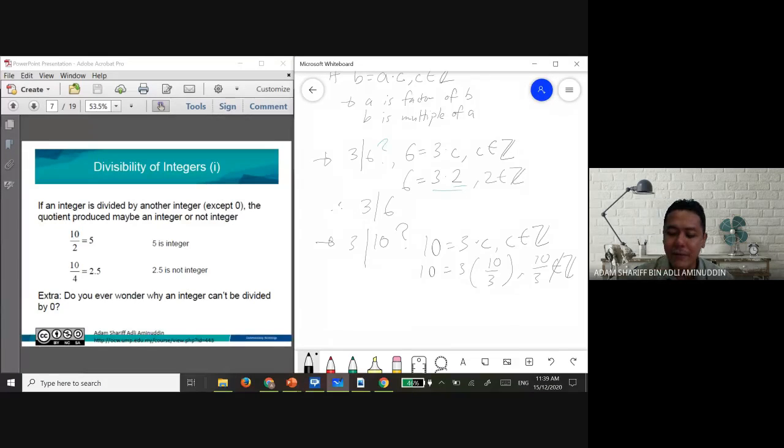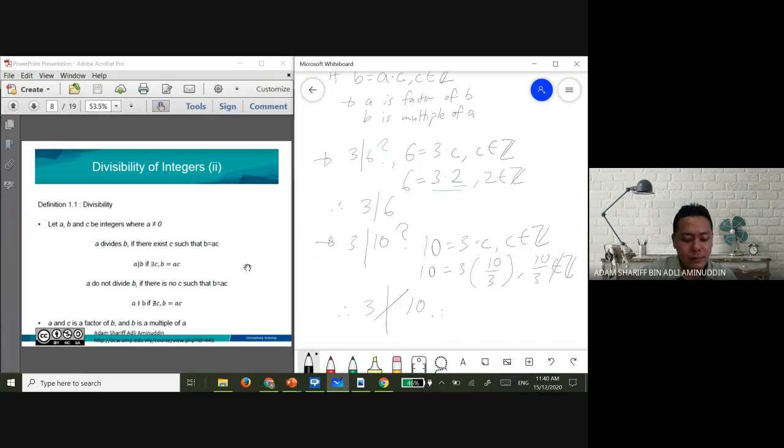It cannot be simplified into an integer form. As my result, I say 3 is not a factor of 10, putting a slash there. And 10 is also not a multiple of 3. This is the same as the left one, I just show the example.